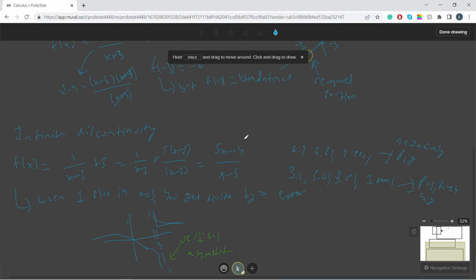And if you plugged in really negative numbers for x, you will see that f of x will also approach 5. So what we're discovering here is this idea of approaching something as x changes.